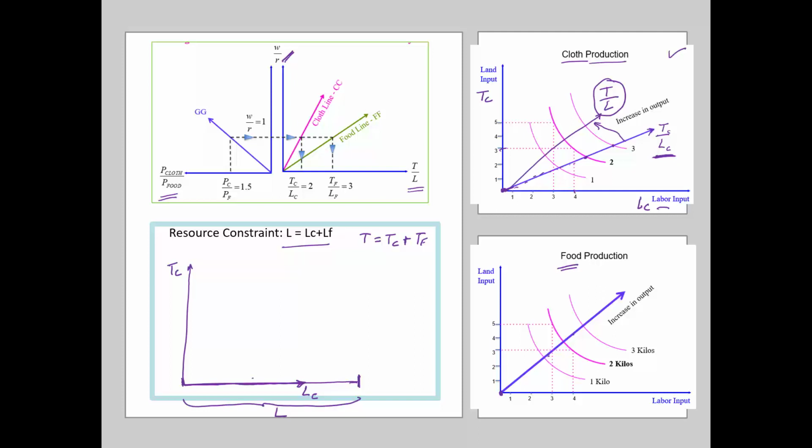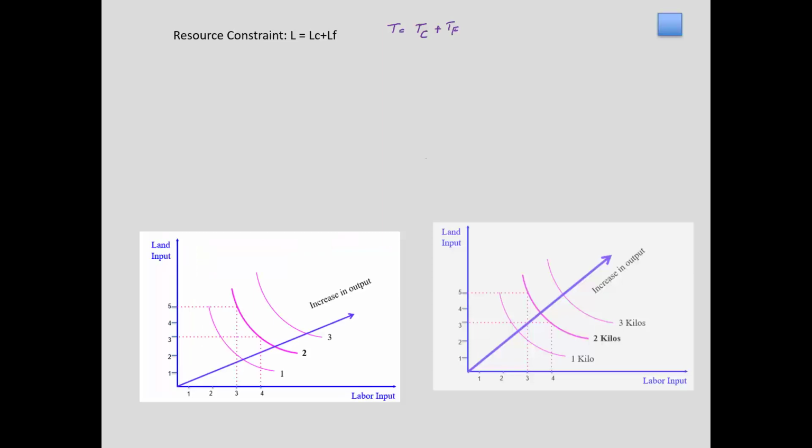And similarly for the land, we extend the y-axis and measure the total amount of land that exists in this country, the home country. So we're going to build these resource constraints into the model and create a box which measures the amount of resources that this country has.